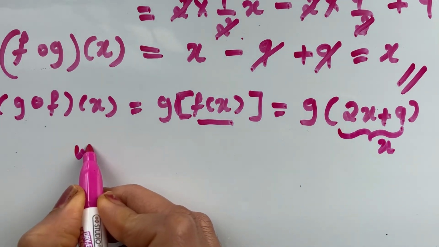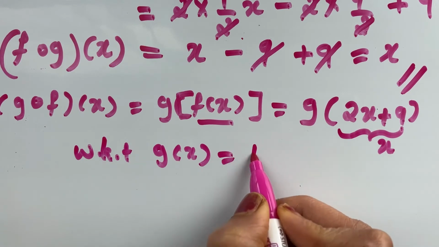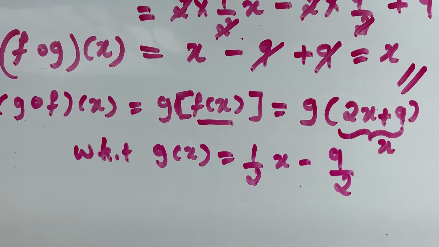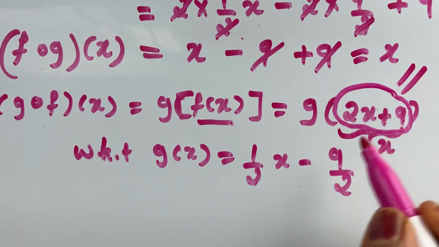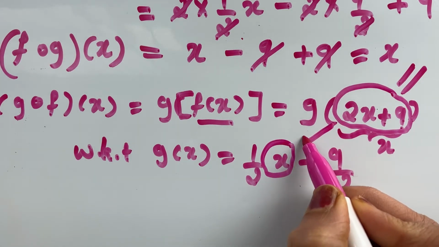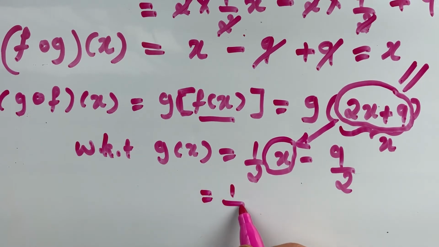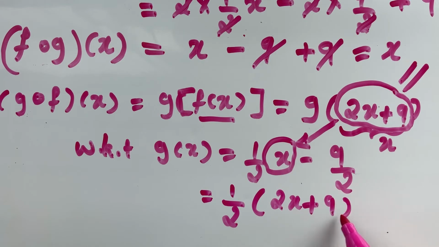We know that g of x is equal to half of x minus 9 over 2. Now you have to replace x with 2x plus 9, which is nothing but half of 2x plus 9 minus 9 over 2.